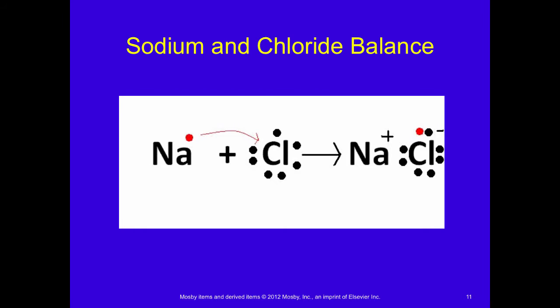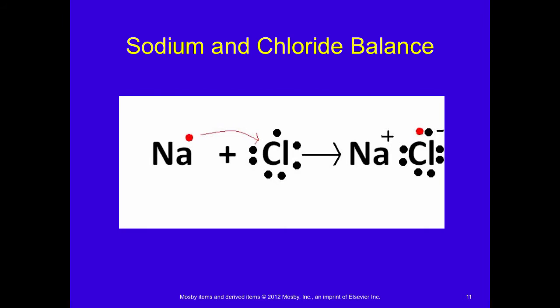Okay, the chloride needs one more electron, and the sodium needs to join someone else. It only has one, right? To be stable and have electroneutrality, which is what these electrolytes want to do. So sodium and chloride naturally tend to come together.